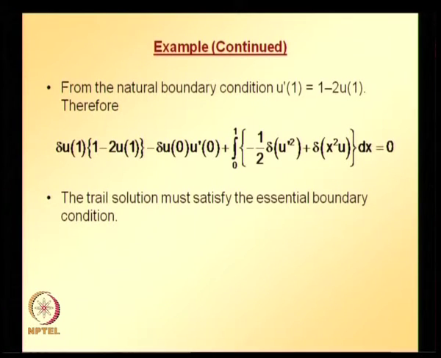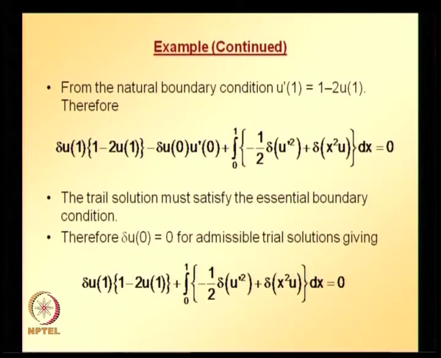What it means is that wherever the essential boundary condition is specified, at that point the variation of u should be equal to 0. Therefore the variation of u evaluated at x equal to 0 is 0 for an admissible trial solution. Here in this particular problem, the essential boundary condition is prescribed at x equal to 0, so the variation of u evaluated at x equal to 0 is 0.